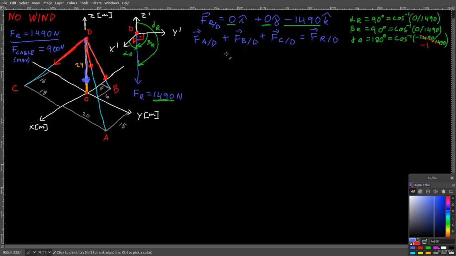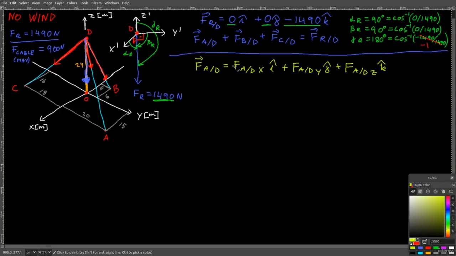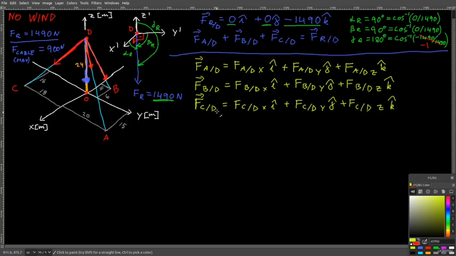We have to find them. First of all, force A with respect to D, I can write it out in this way. This is the x component, y component, and then the z component. Similarly, this is how I can write out FB with respect to D, and this is FC with respect to D.